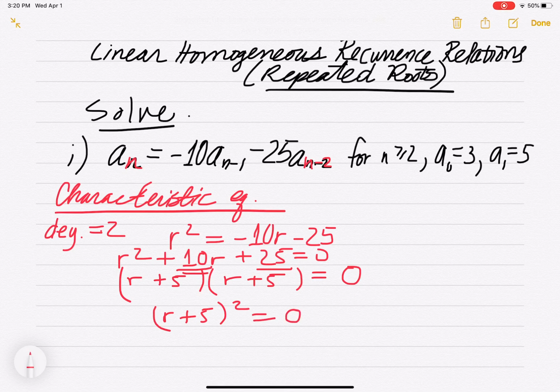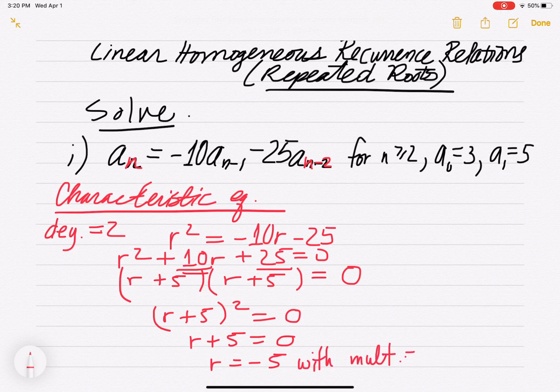That's a single factor repeated, right? It's the factor r plus 5 repeated. So I set my single factor equal to 0 and I get r equals minus 5, and this has multiplicity 2. Why is it multiplicity 2?